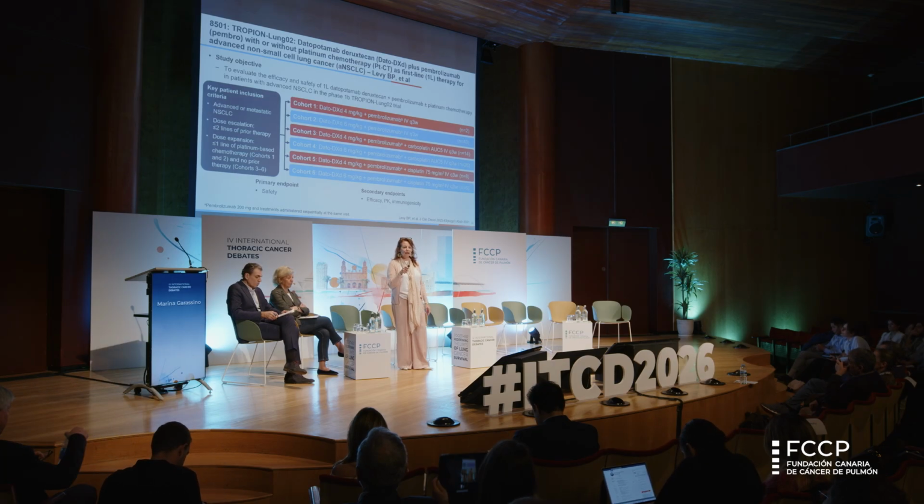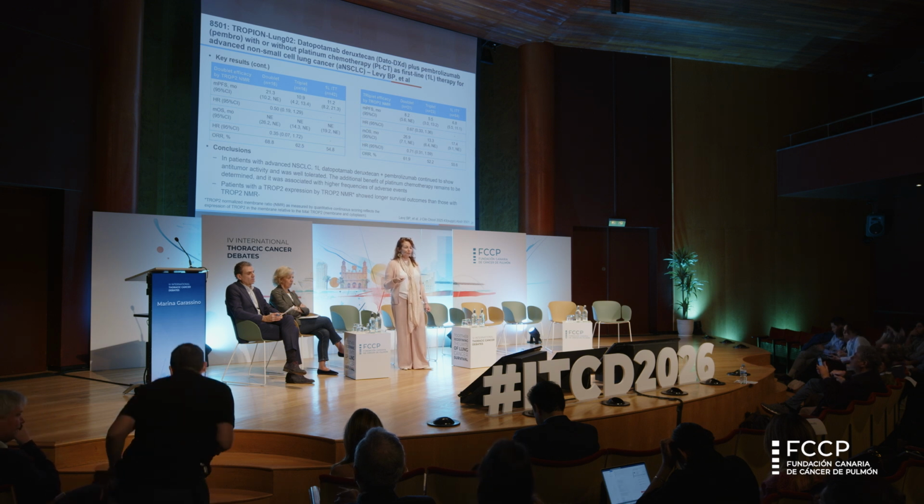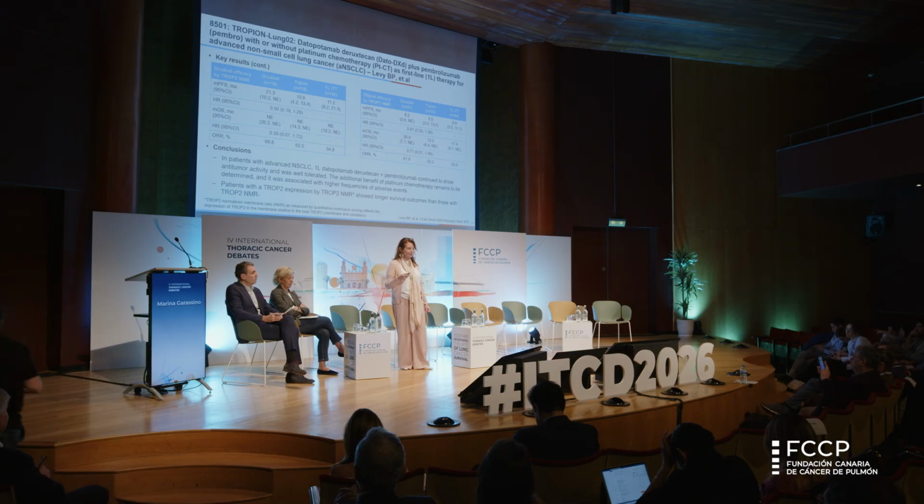And you can see that there are multiple cohorts at different doses, combining with the chemotherapy and also without the chemotherapy. And you can see that in the first preliminary results, we see that the benefit of the triplet is not so high as it was expected. And so the drug development will continue just with the doublet and not the triplet, also because, as you can imagine, the toxicity is also higher.